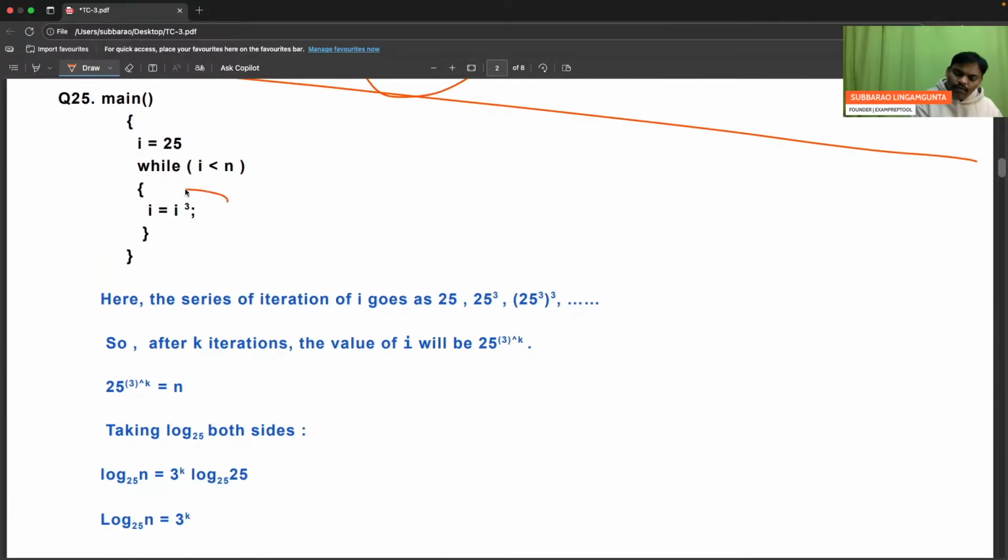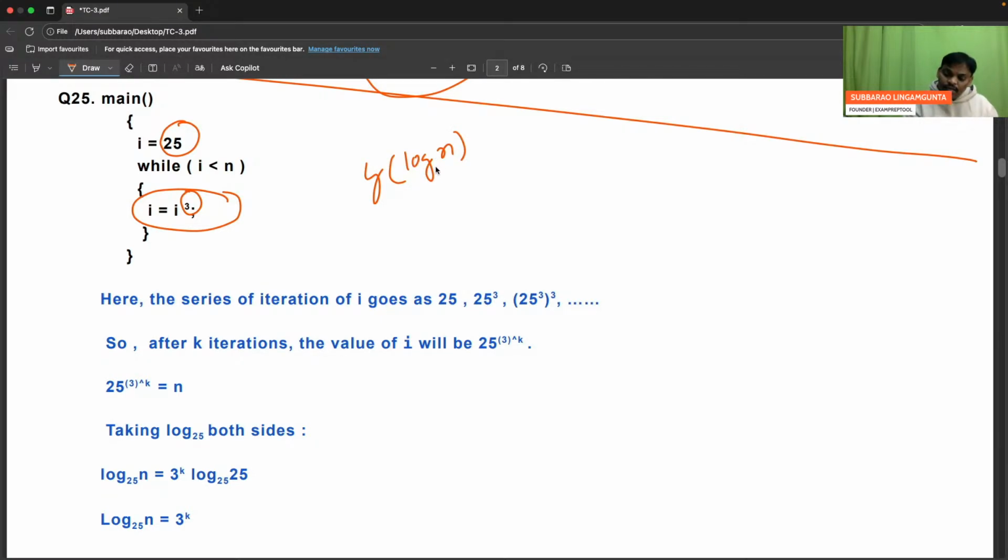See, always i is equal to i power 3. Remember, the inner base will come from this one, and the outer base will come from this. So the answer, if you want, you can check, is log of log n.